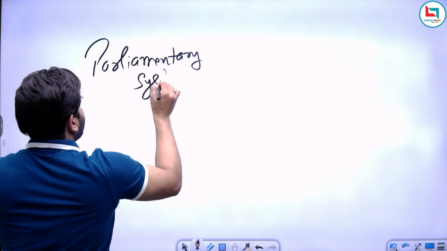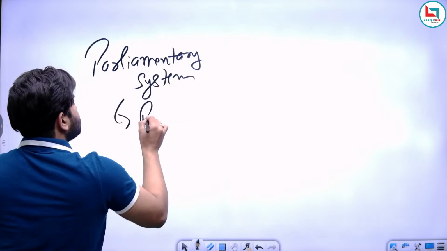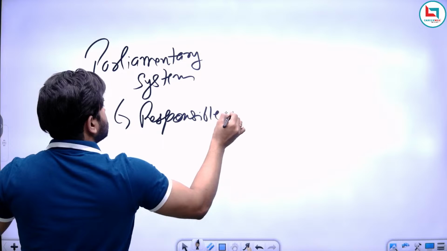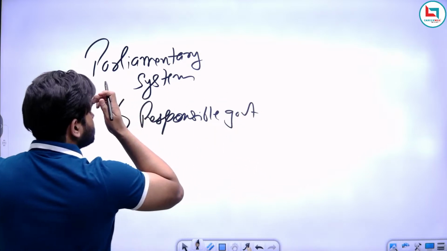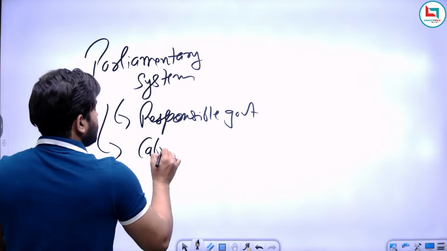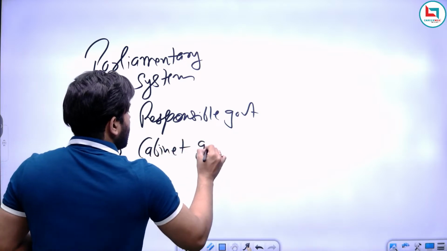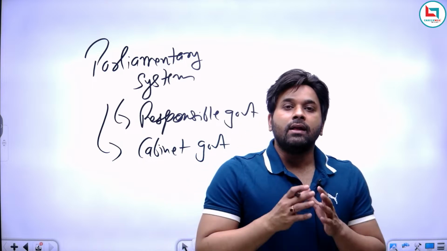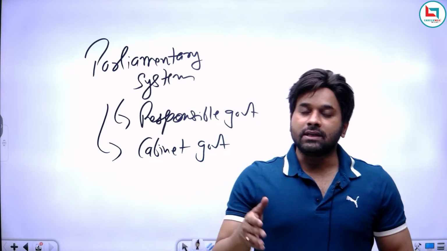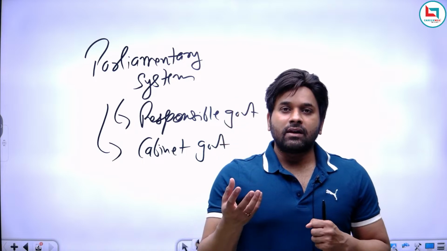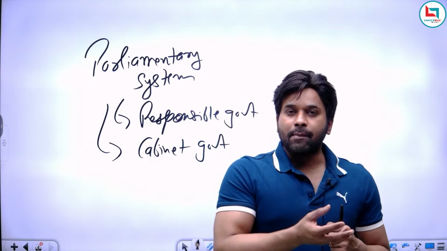We call the parliamentary system a responsible government. In a parliamentary system, the power is in the hands of the cabinet.